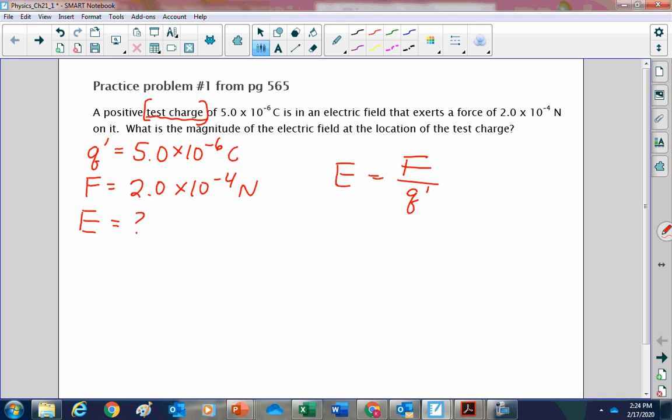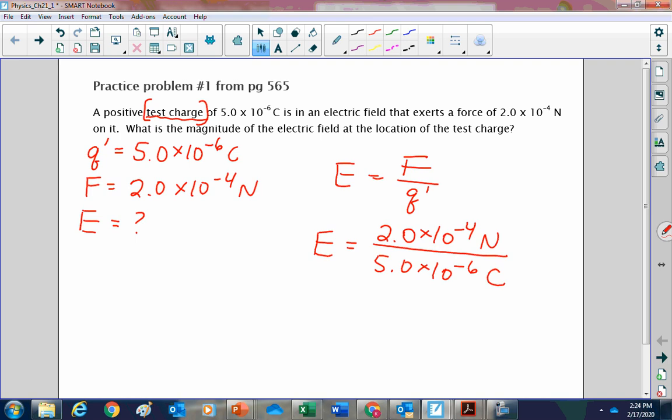So this is a really easy plug and chug one once you figure out which equation to use. So we're using 2.0 times 10 to the negative fourth over 5 times 10 to the negative 6.